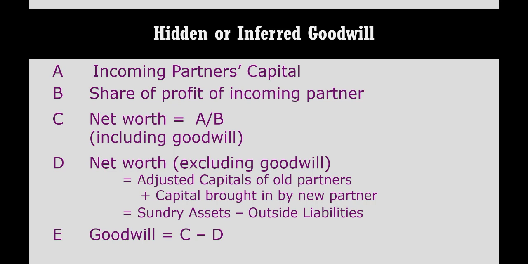Now, one more method: when goodwill is already appearing in the books of accounts, or goodwill is appearing in the balance sheet, we can say. So if we see the balance sheet and there is goodwill, this goodwill we have to distribute among ourselves before the new partner joins. As we know, goodwill is an intangible asset.